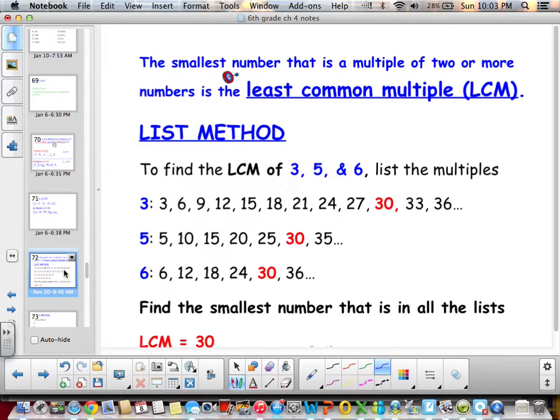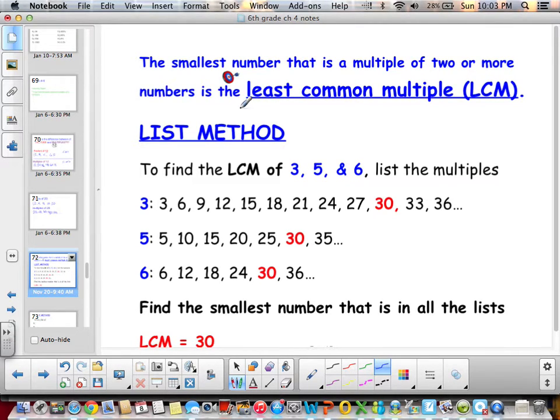Okay? So if we want to find the least common multiple, that is something you want to write down in your notebook and underline. The definition is the smallest number that is a multiple of two or more numbers.